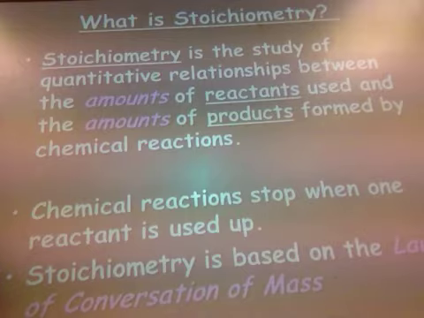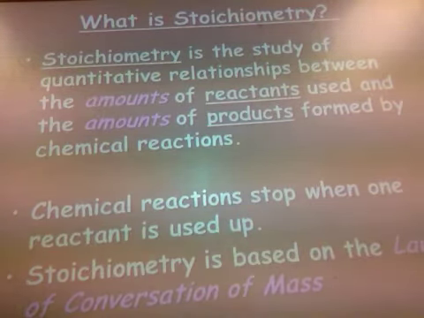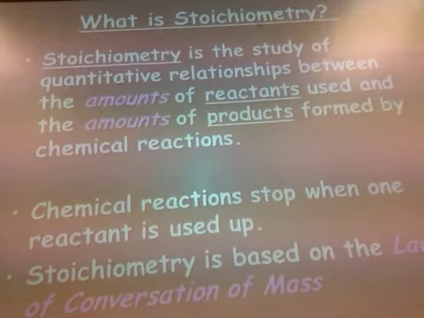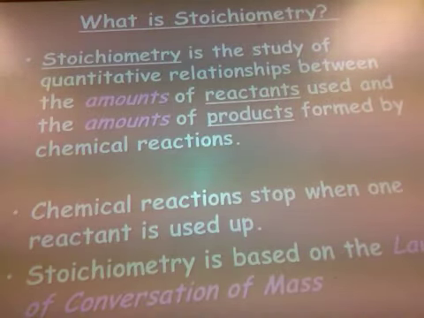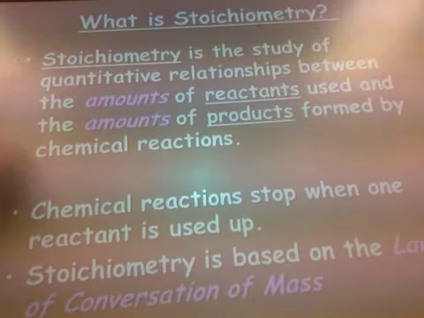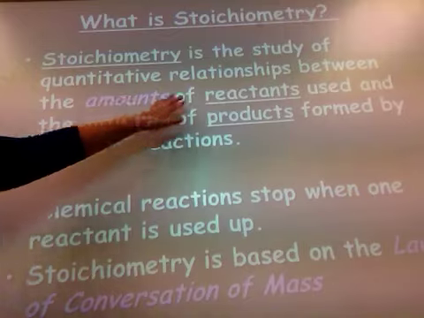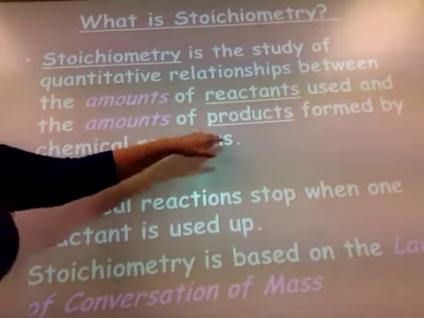We were really looking at properties and descriptions. But stoichiometry is taking that a step further, and now we're going to get into some math with chemical equations or chemical reactions. So stoichiometry is just the study of quantitative. I'm looking at numbers, at quantities, specifically between how much reactants I have and how many products I have.